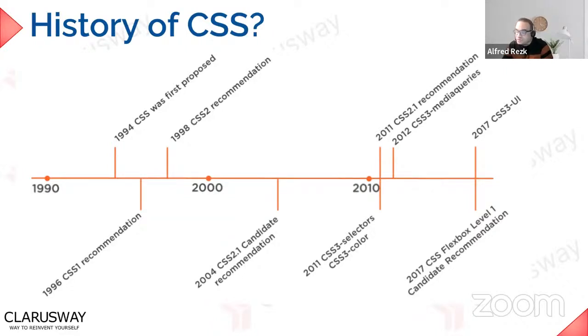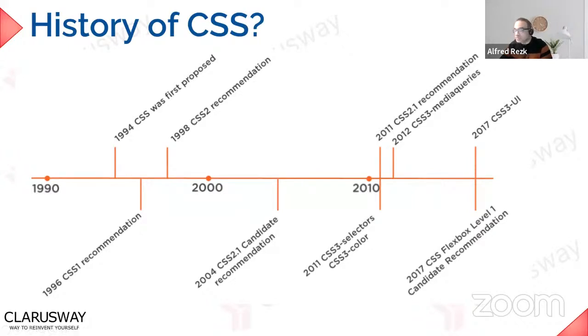So it was first proposed back in 1994. In 1996, they put out the CSS1 recommendations. In 1998, again recommendations for the standard, they proposed CSS2. Fast forward all the way to 2004, they have something called 2.1. And CSS3 is the latest version of CSS, where they created modular CSS.